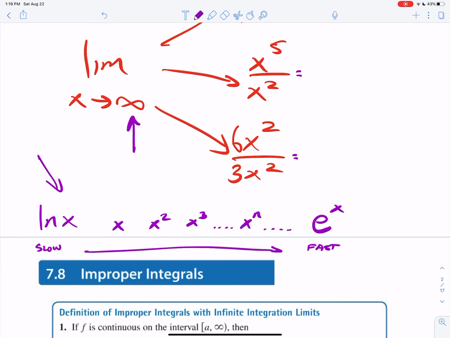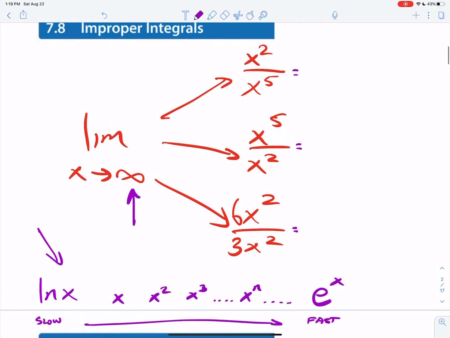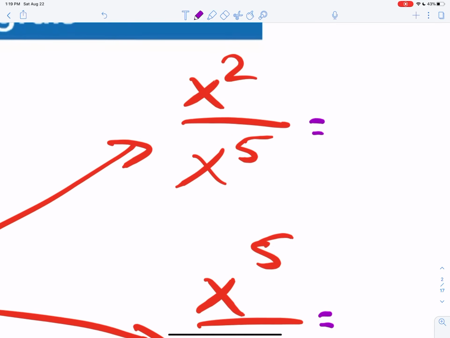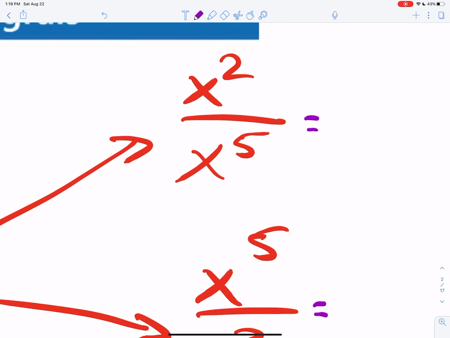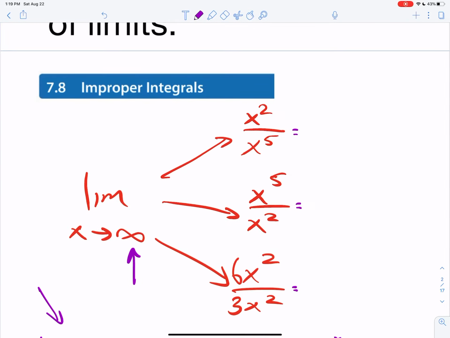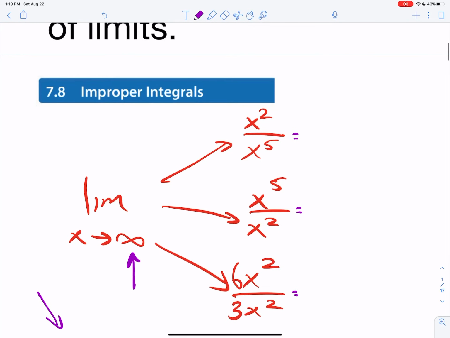Okay? So if you take a look back here, in the first example, they're both getting larger, but it's getting larger faster in the denominator. And when the denominator gets larger faster, what happens, you guys? What's happening to the overall value? It's getting closer and closer to 0.